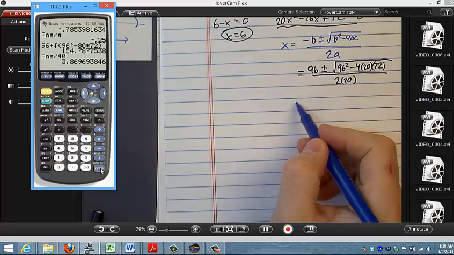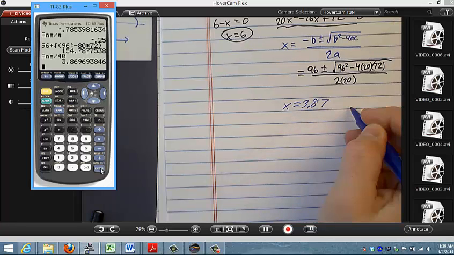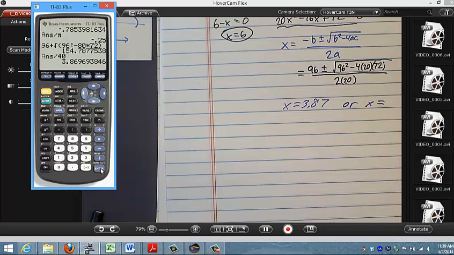So we're going to get 3.87 as one of ours. Or if I type the same thing in, but instead of putting a plus, I put a 96 minus the square root. There it is. Divide by 40. It's going to be less than 1. 0.93, is that what we got?